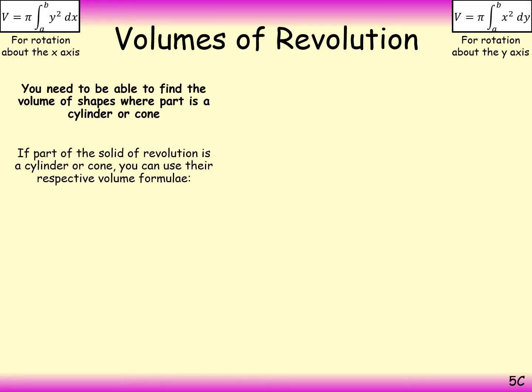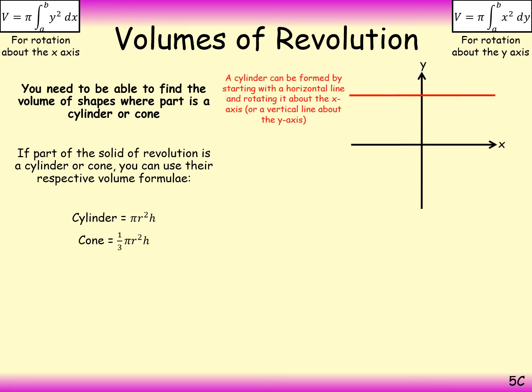So if a part of a solid of revolution is a cylinder or a cone, you can either work out the volume respectively using cylinder pi r squared h, cone a third pi r squared h. So if we take these 2 points here, this is our height, and this would be our radius.